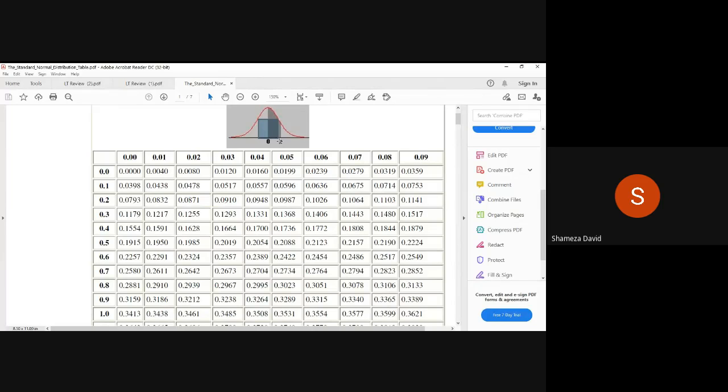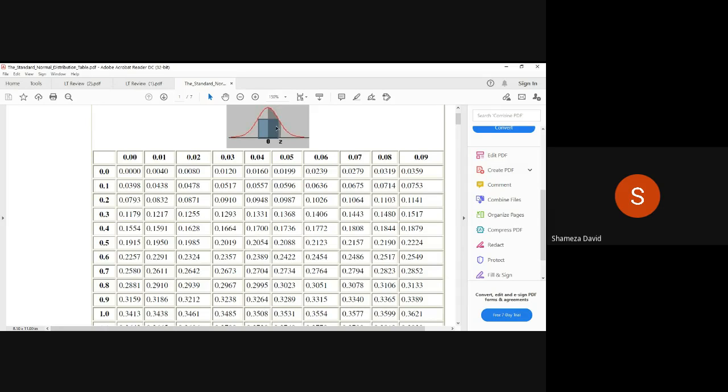And so we get 0.5 for that Z value, which is not surprising because our standard deviation is 20 and our mean is 120. So 130 is 10 more than 120, which is half a standard deviation more. And so our value of 0.5 is what we would expect to find.